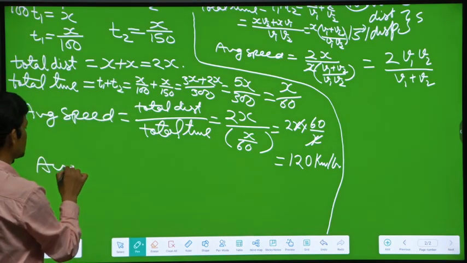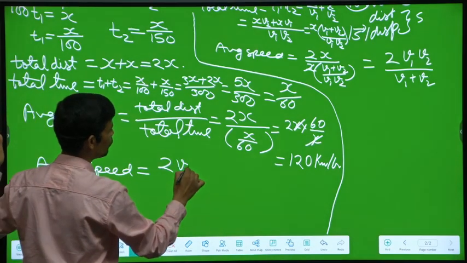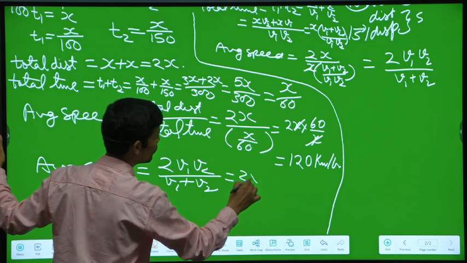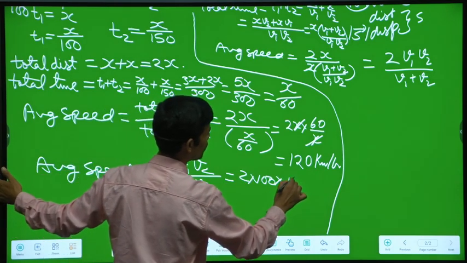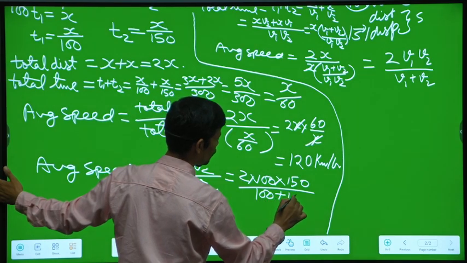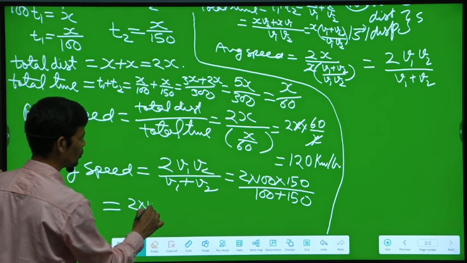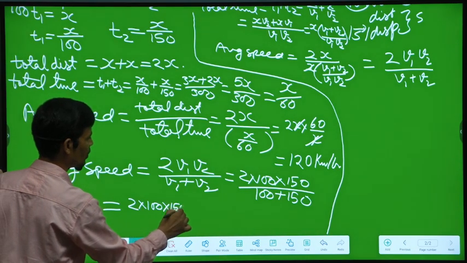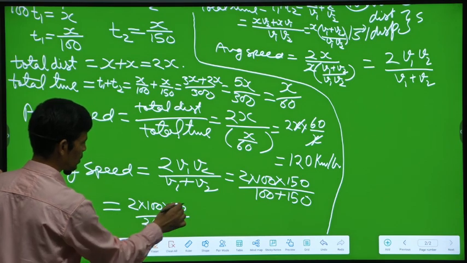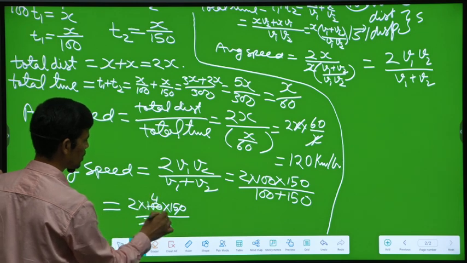Average speed in this question is equal to 2v1 v2 upon v1 plus v2, where v1 was 100, v2 was 150, so that will be 2 into 100 into 150 divided by 250, and 60.